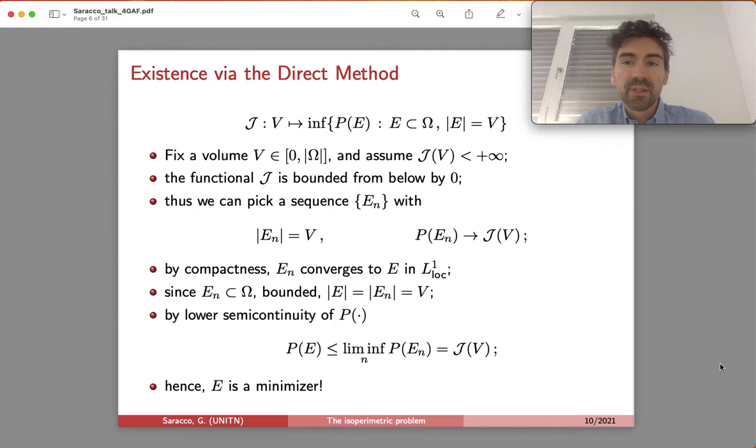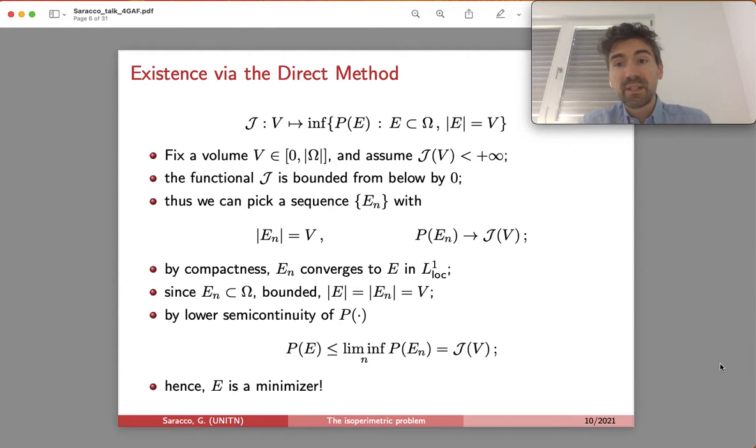And then you just use the lower semi-continuity of the perimeter function, and you discover that the perimeter of this limit set is less than or equal to the lim-inf of the perimeter evaluated for sets in the sequence, but this is exactly the value of the isoperimetric functional. And this implies that this limit set E is a minimizer, and this basically settles existence.